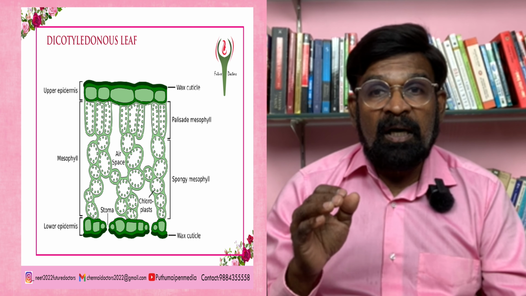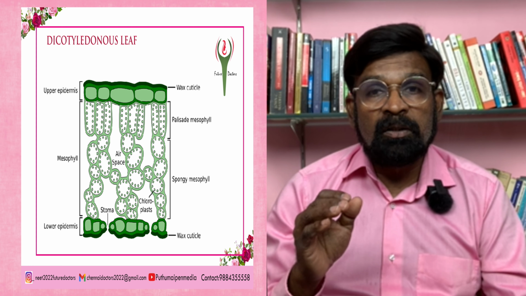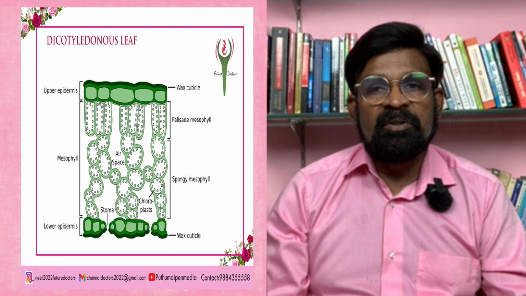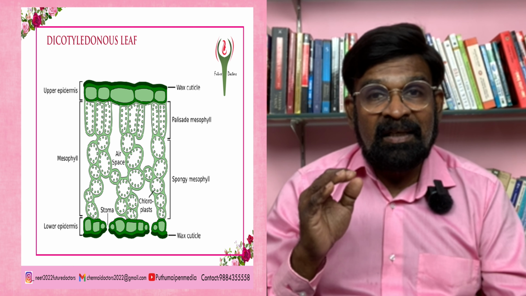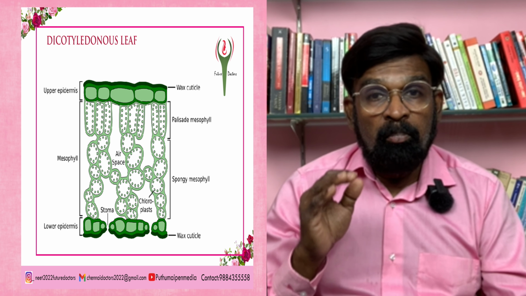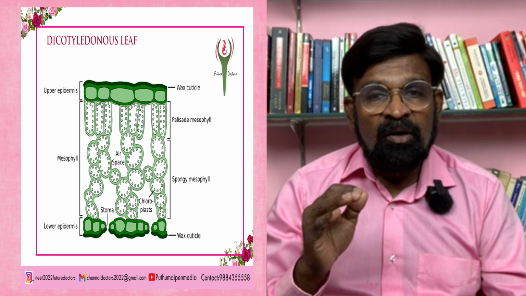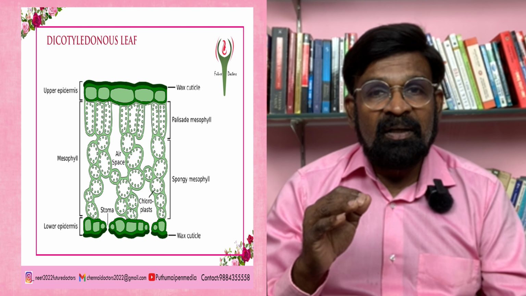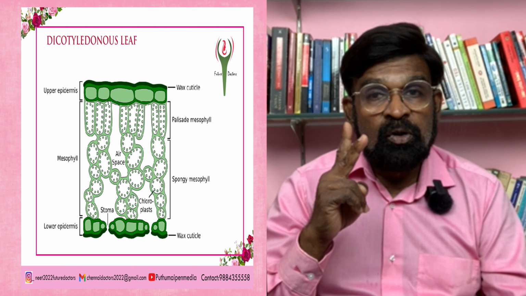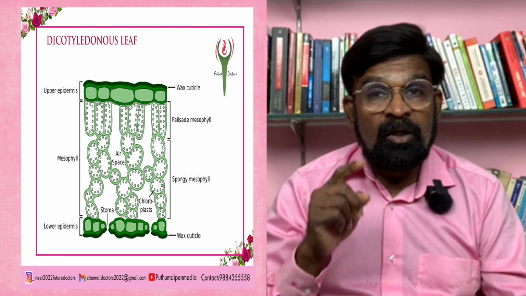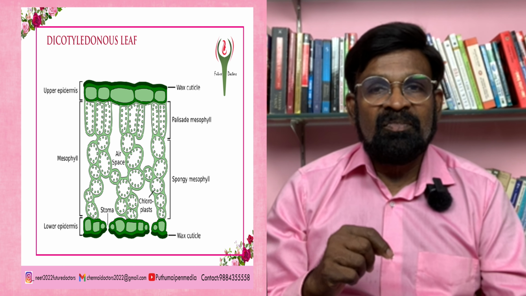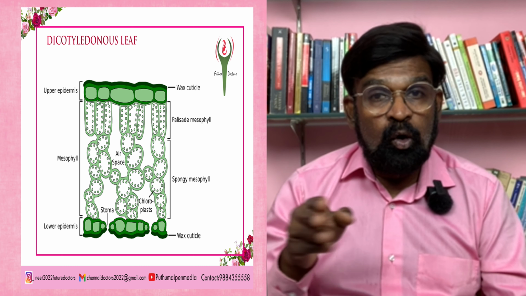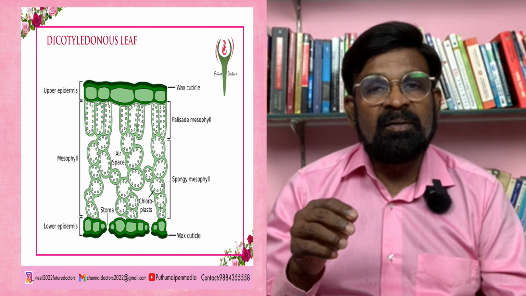The stomata and chloroplasts are more numerous in the lower epidermis. There are substomatal cavities below the stomata for gaseous exchange. Mesophyll is differentiated into two parts in dorsiventral leaves, that is upper palisade and lower spongy parenchyma.